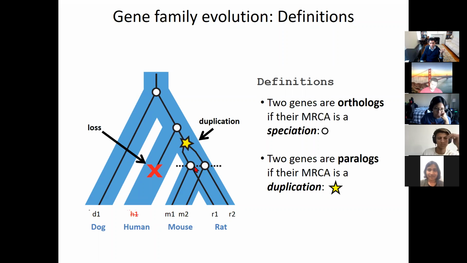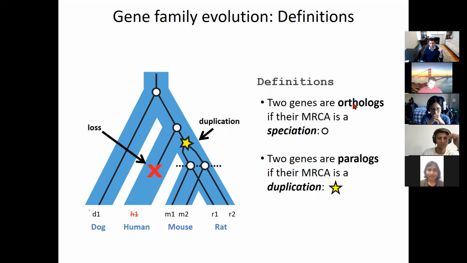So why do we care about duplication and loss? Because if two genes are related by a speciation event, we can infer that they most likely play the same function in the two species, at least if the species are closely enough related to each other. So speciation events, and specifically orthologs, which comes from the Greek orthos, which means straight, i.e. correct. Paralogs means side by side, and homologs simply means similar, homo meaning similar. Homologs are things that are just similar without distinguishing whether something is an ortholog or a paralog.